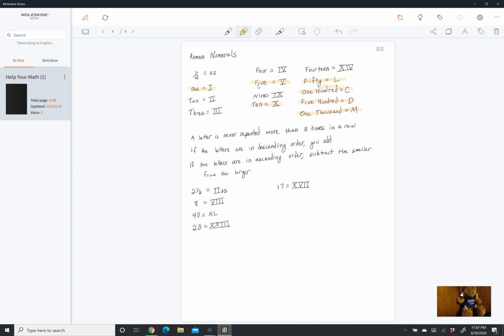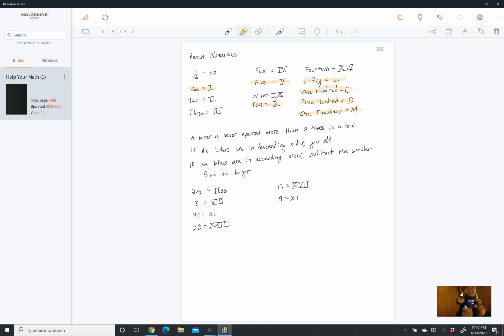Now, if we had 19, well, let's see what this looks like. We have a 10. That's the lowest one. And that's okay. 10 is okay. That's only 1 X. Now we're going to look at the 9. Well, a 9 would be 5 plus 4 1s, and that's too many. So we have to do a 9, right? So we have to go to the X and subtract 1 from it.